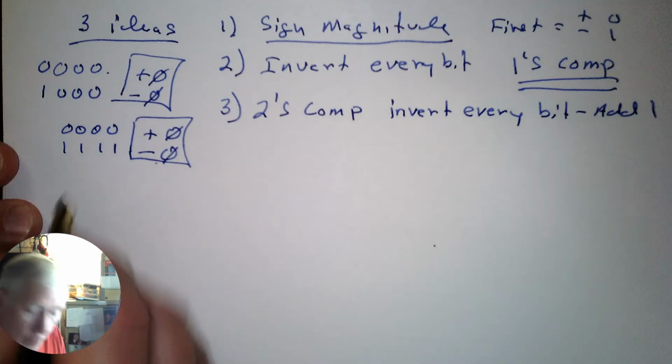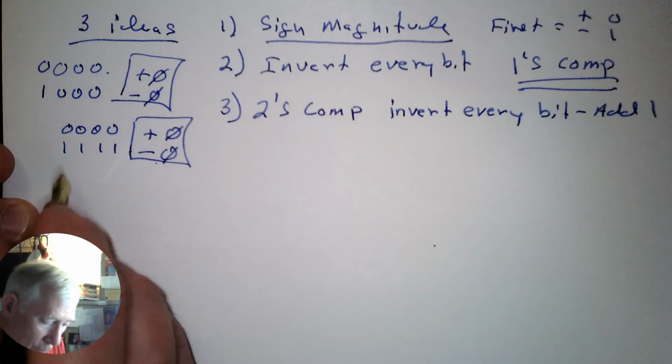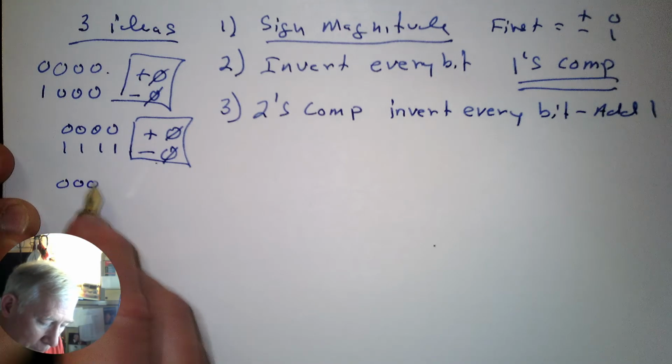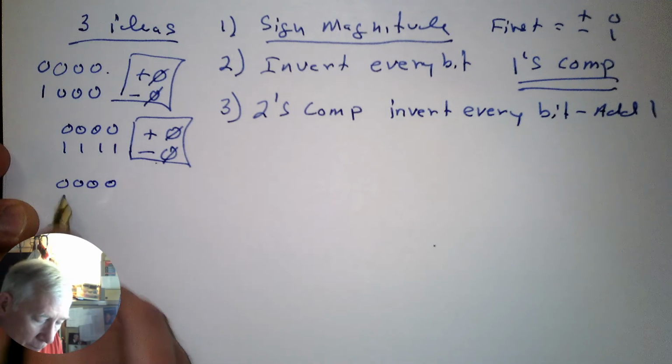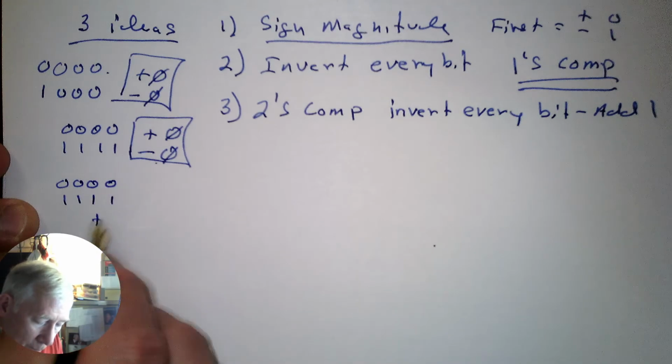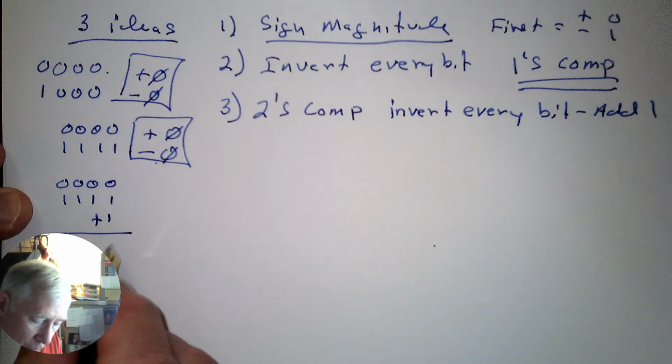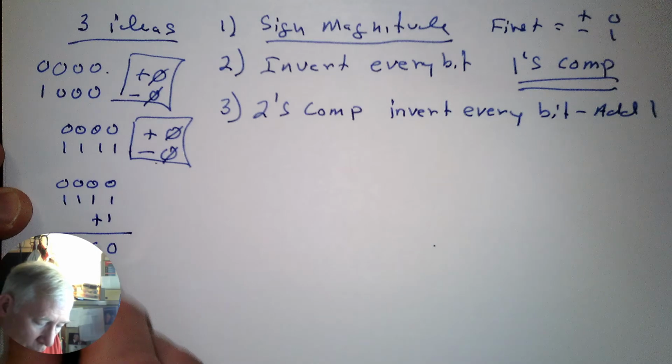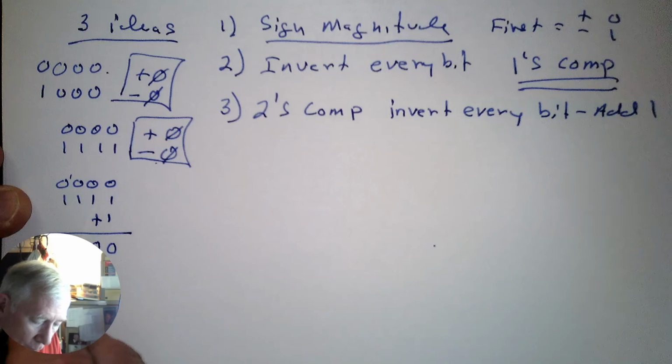So let's look at the 0 example again. So here you have 0. Now you invert every bit, and you add 1. 1 plus 1 is 0, carry 1. 1 plus 1 is 0, carry 1. 1 plus 1 is 0, carry 1. 1 plus 1 is 0, carry 1. And we have a 1 that carries out.